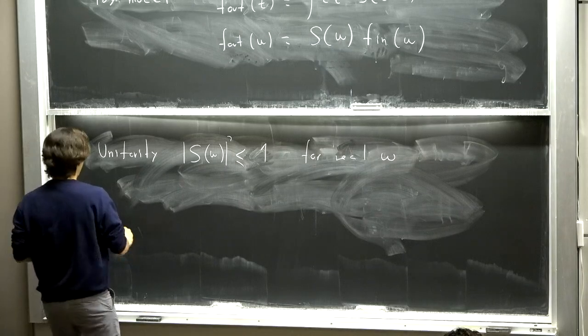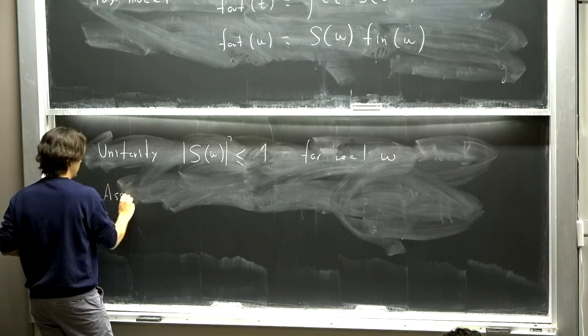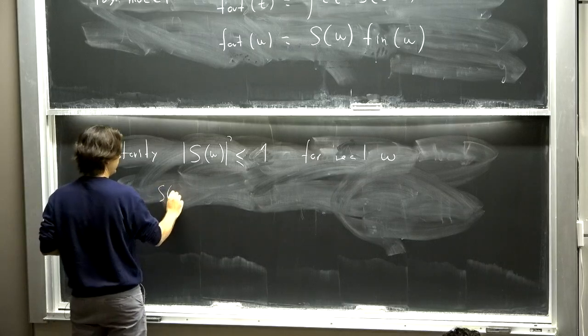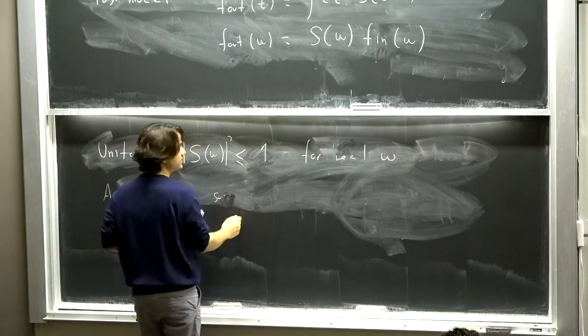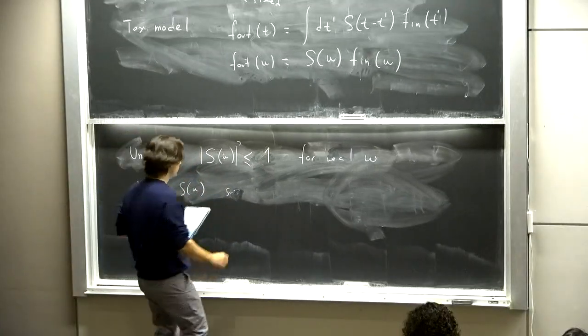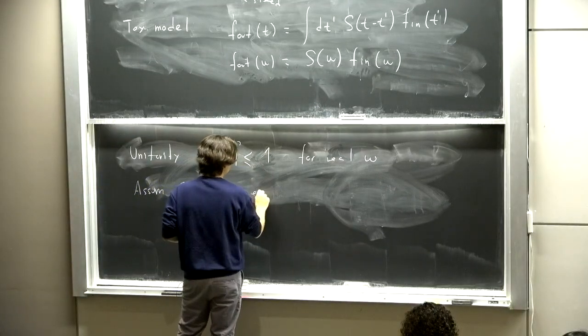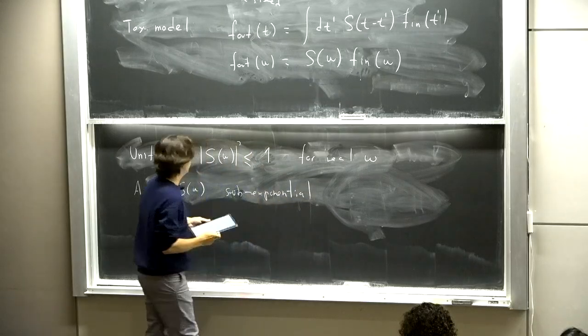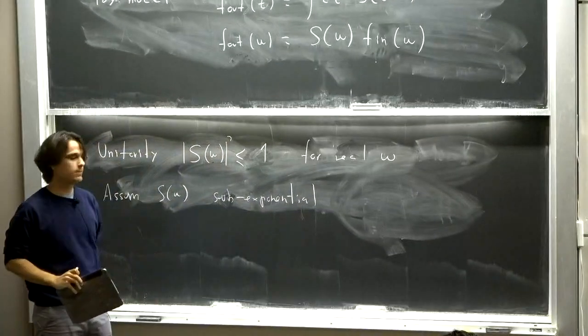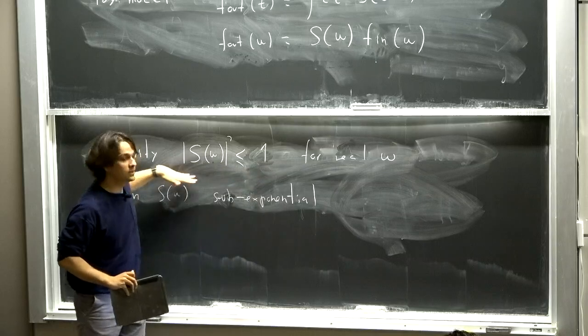And actually, if we assume this thing is sub-exponential, meaning it doesn't grow exponentially somewhere, so if I now take omega to be large in the complex plane, on the real axis we know it's bounded.